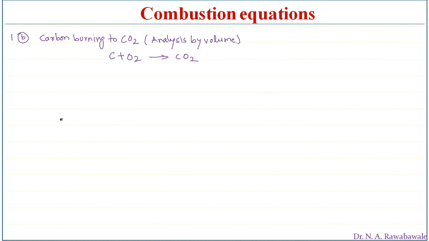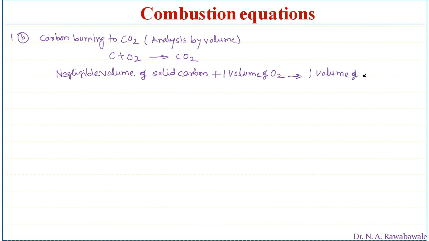So that we write here: negligible volume of solid carbon plus 1 volume of oxygen produces 1 volume of carbon dioxide, because the volume of solid is very negligible in comparison with the oxygen.